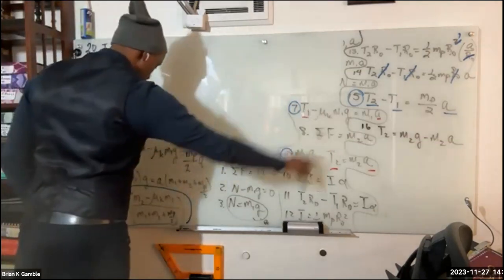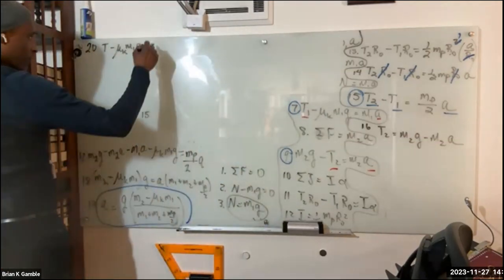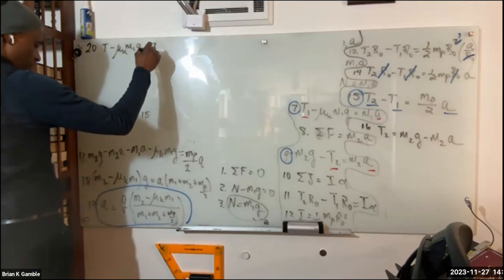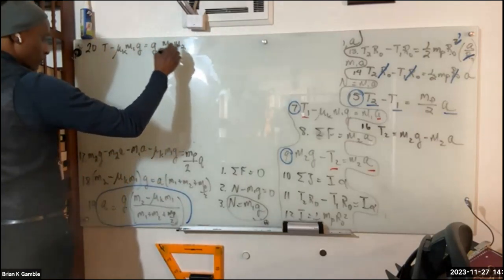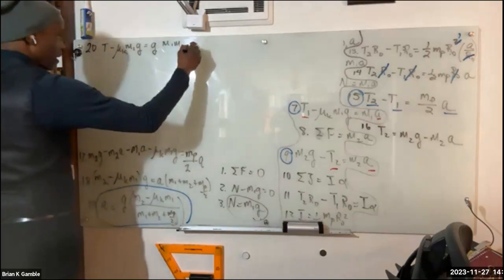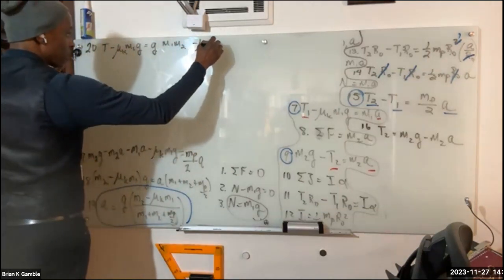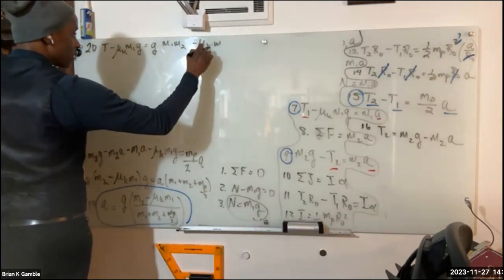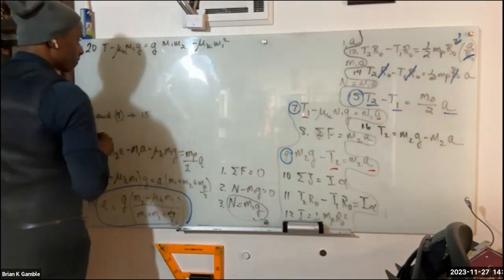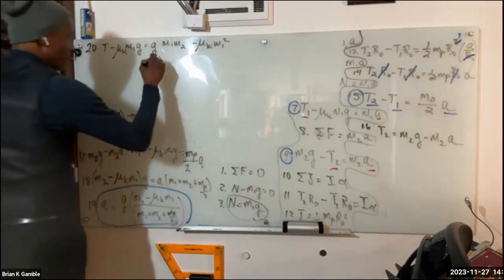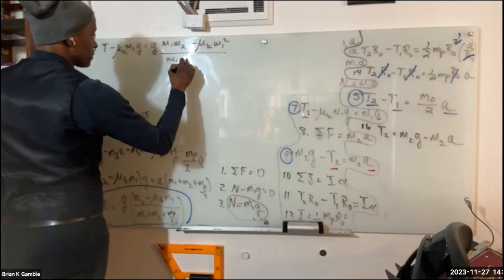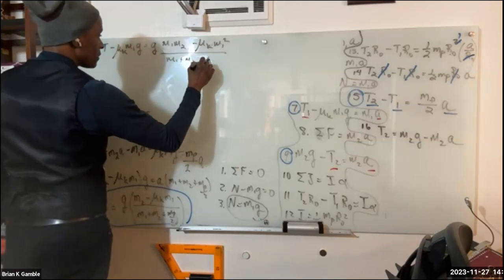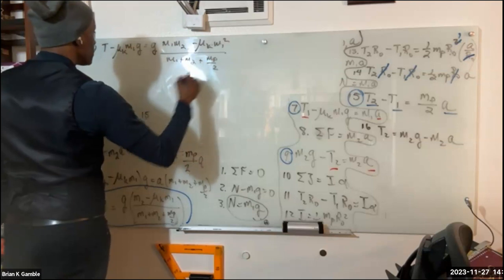I'm taking the g out. So I have a g, but then I'm going to have m1 times m2, the first term. Second term is going to be minus mu k m1 squared, and I'll keep that. So over m1 plus m2 plus mp over 2.